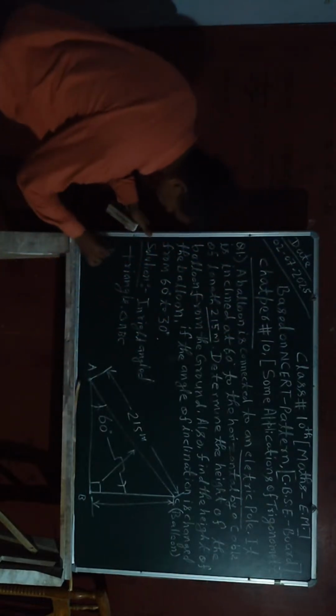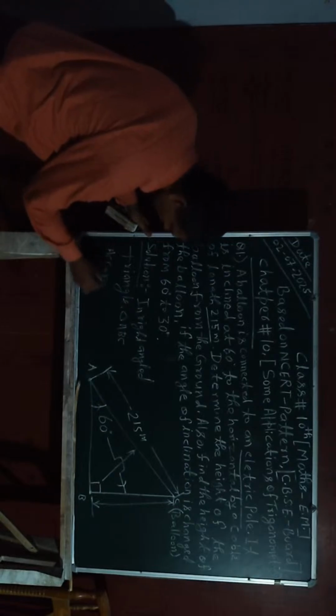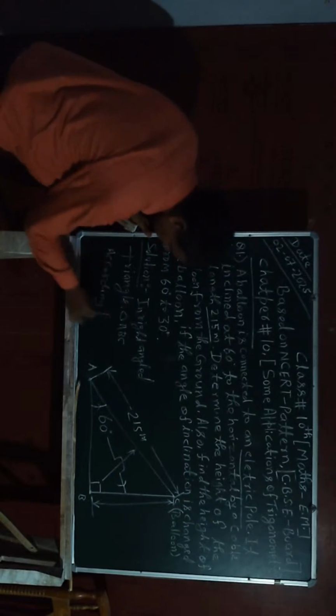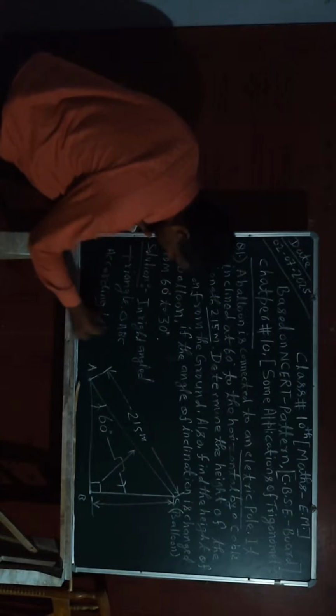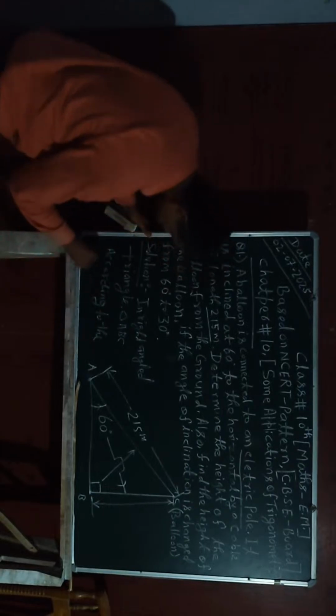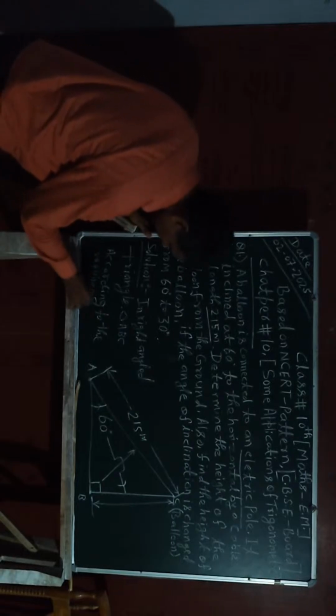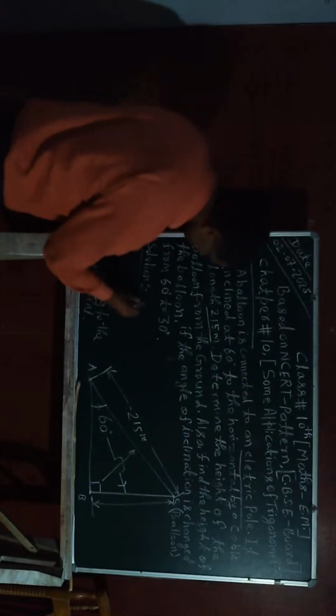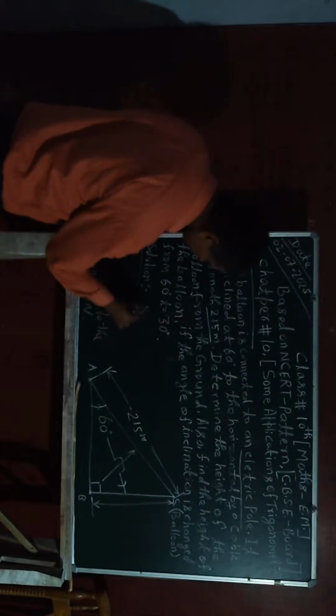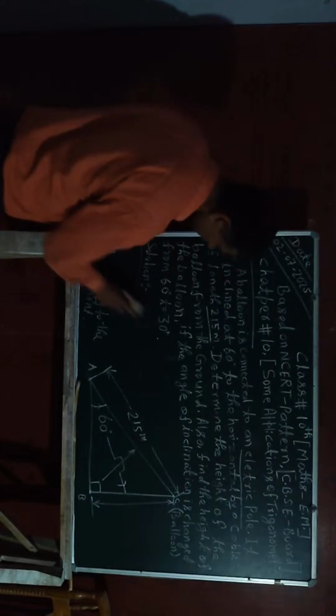So here I will say, according to the requirement, I have to write. So above information I am going to erase for further calculation. According to the requirement, I will write sine 60 degree.